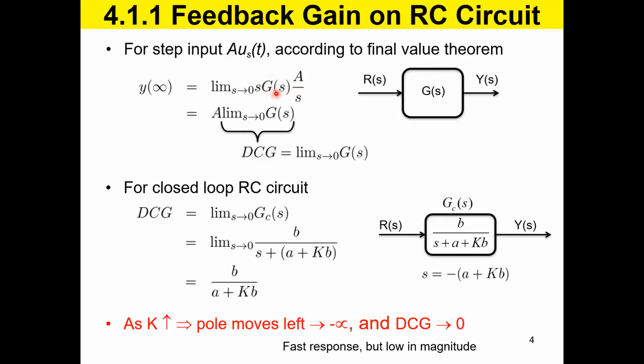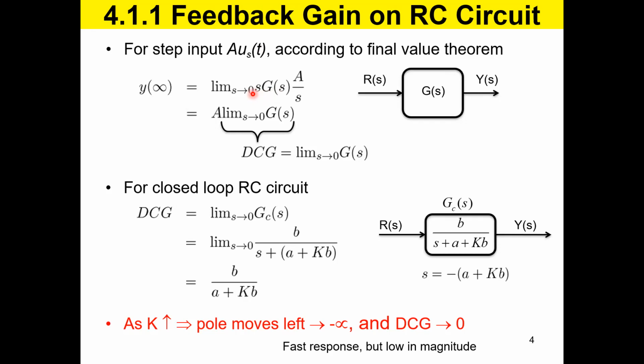And G(s) is the plant, whatever plant it is. If it is an open loop plant, take G(s); if it is a closed loop plant, take Gc(s), as appropriate. And in front of that, there's an s. That's it. So that is the final value.